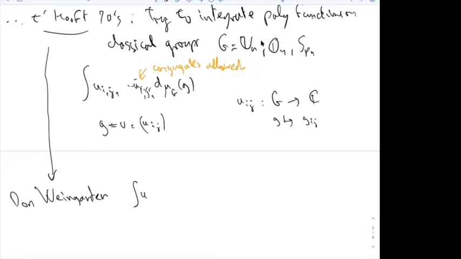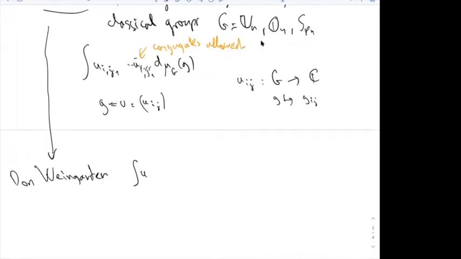What I will just do is I will just write his theorem. Let me just write his theorem in the case of U_N. So he did a bit more, but G equals U_N.